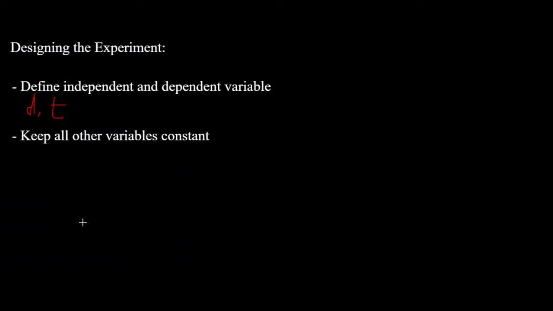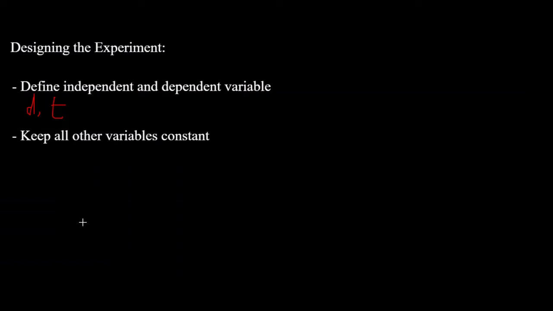And we have to remember to keep anything else that can affect our experiment constant. And keeping other variables constant doesn't mean we're always thinking about gravity or some other known physical constants, like gravity, friction, or anything like that. Those are not the only variables that are affecting our experiment. There can be things ever so simple.